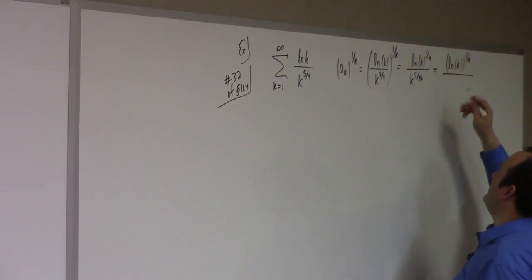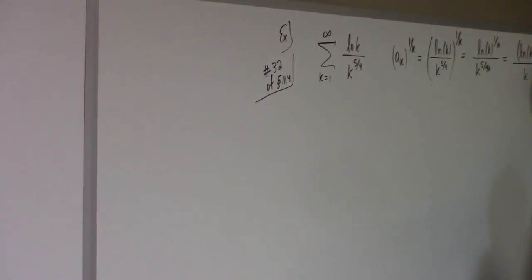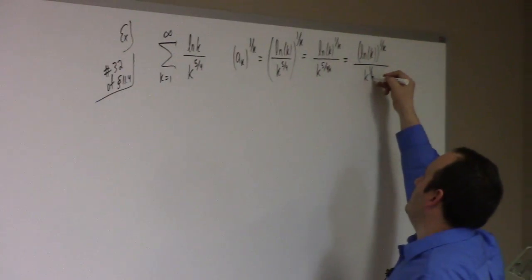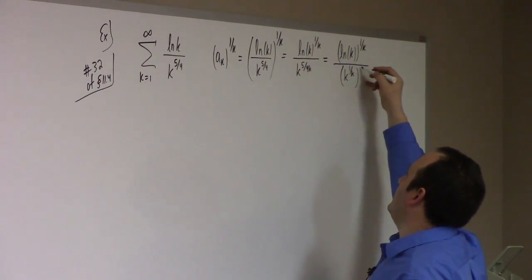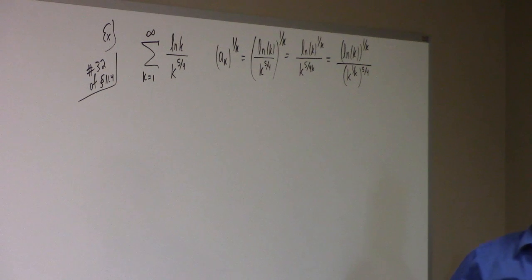And let's see here, down here I have k to the 1 over k, to the what? To the 5/4 power. So the denominator there I know goes to 1 to the 5/4, which is 1, right? Now the numerator, I'm not sure about the numerator.